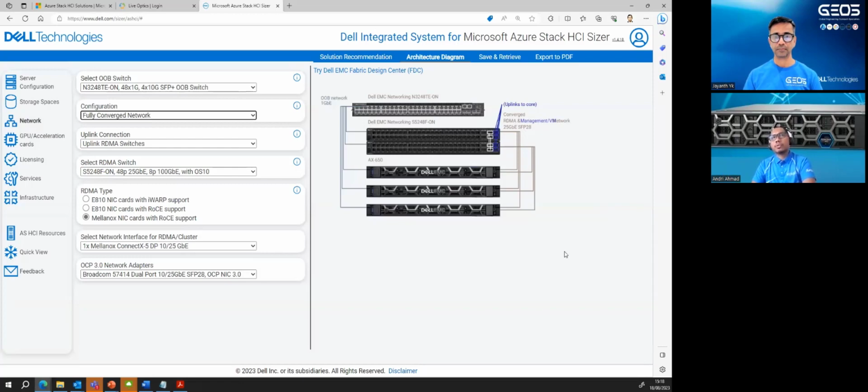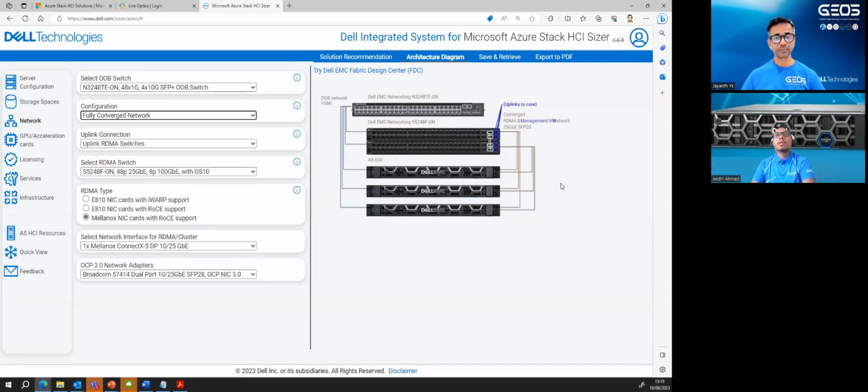Then you can choose fully converged. Fully converged is very cost efficient because you probably require just one network card with dual ports, and then you use both ports for the same teaming.